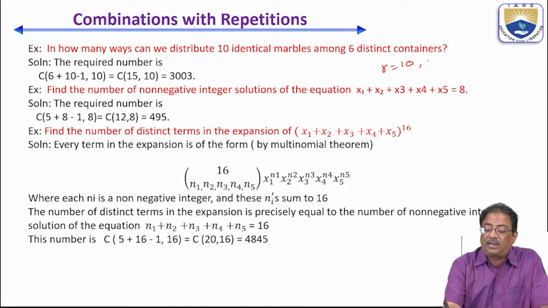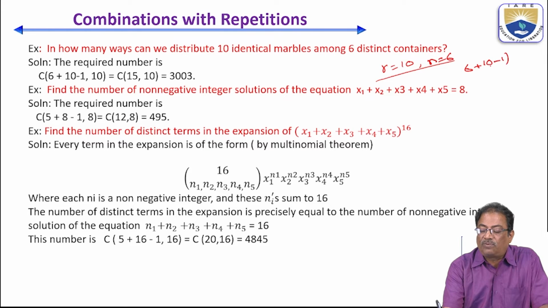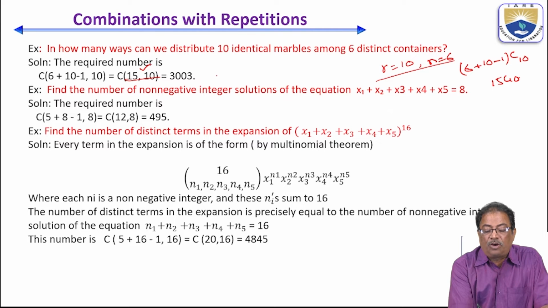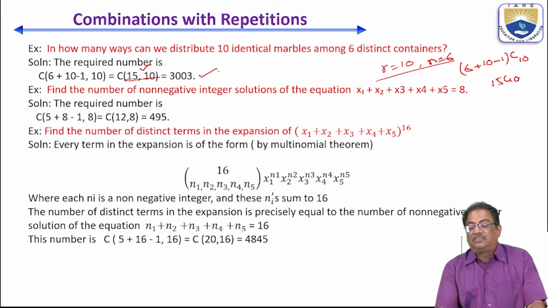So R = 10, and distinct containers means n = 6. Using n+R-1 C R, we get 6+10-1 C 10, which is 15C10. So that many ways we can distribute 10 identical marbles among 6 distinct containers.